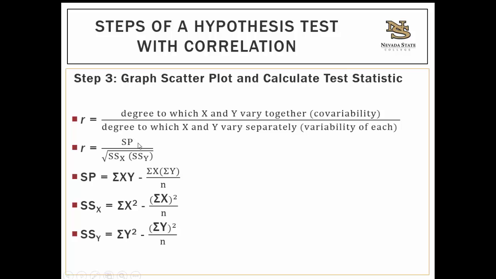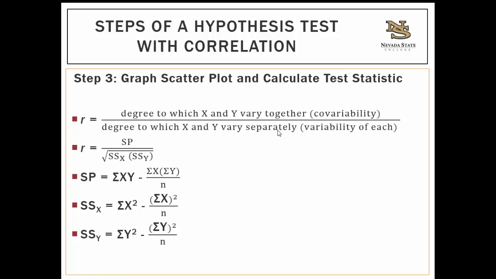Now, these are the symbols for this. SP stands for the sum of products, and the sum of products is a measure of covariability, how two variables vary together, how they change consistently from one participant to another. Then you're dividing by the variability, a measure like the sum of squares. We've been seeing the sum of squares a lot.